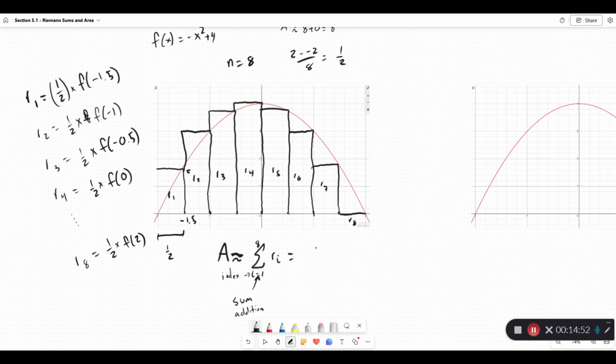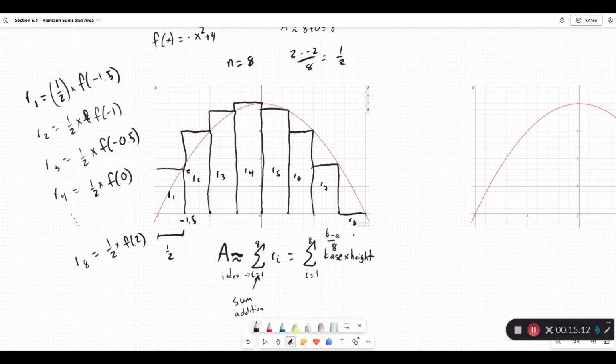Now, what are the rectangles? Well, it's going to be the index from 1 to 8 of the base times the height of each individual rectangle. What's the base? Well, we happen to know that it's b minus a over n, which in this case is 8.